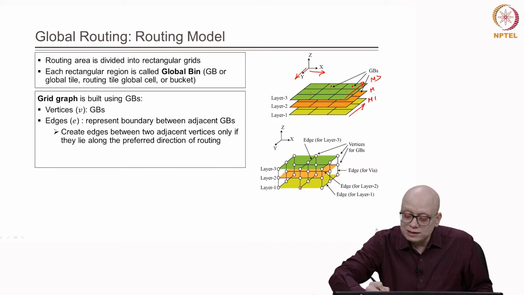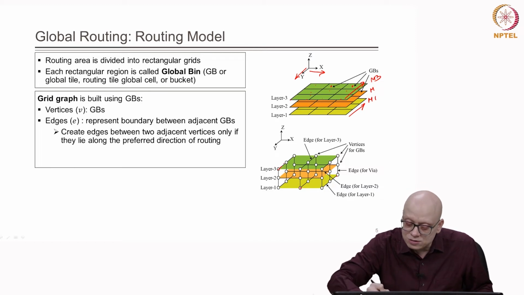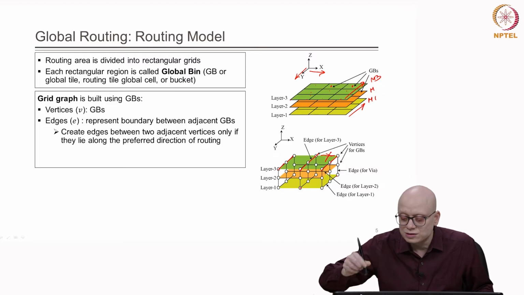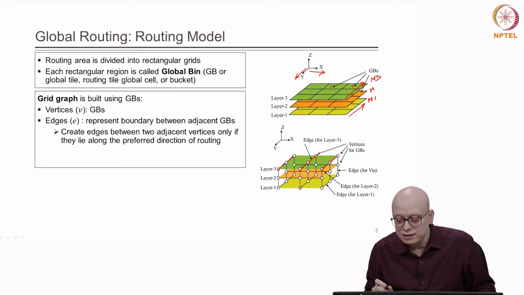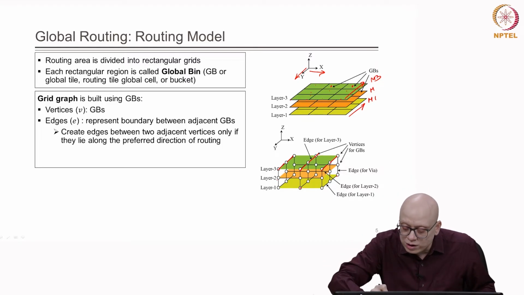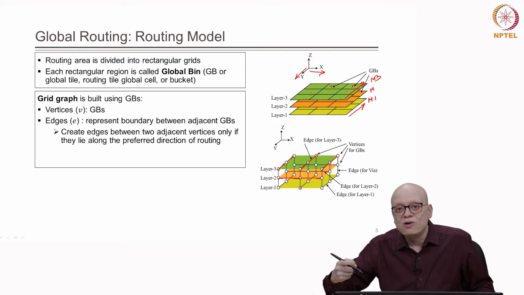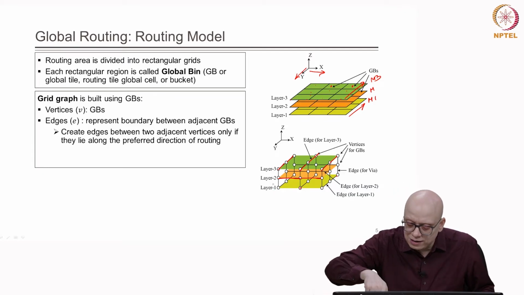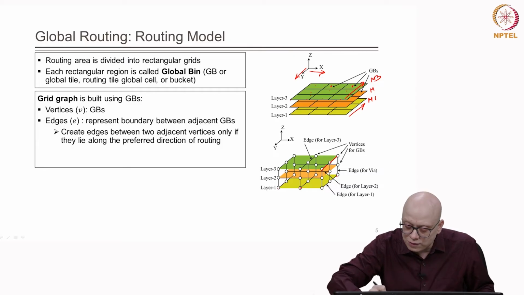So, for the M3 layer we will have edges only along this direction. These are the edges. We do not have edges along this direction, which is the non-preferred direction, right. Now, for the M2 layer we will have edges only along the x direction, not along the y direction. Similarly, for layer 1 we will have edges only along the y direction, that is shown here, right.